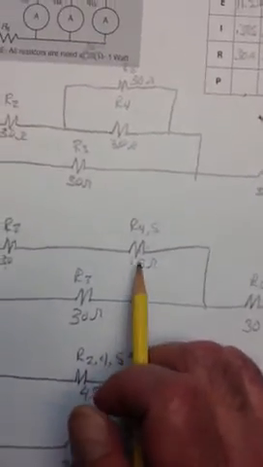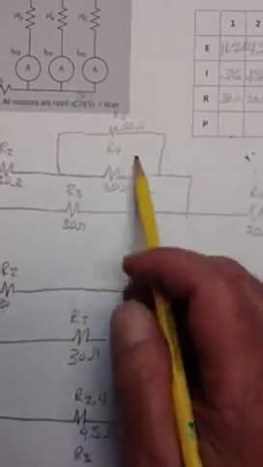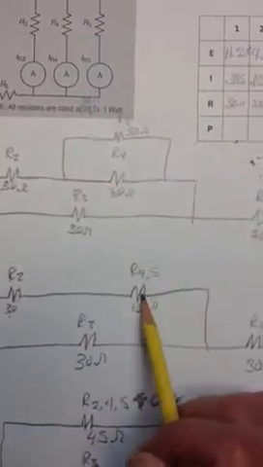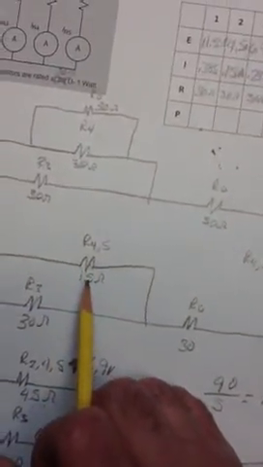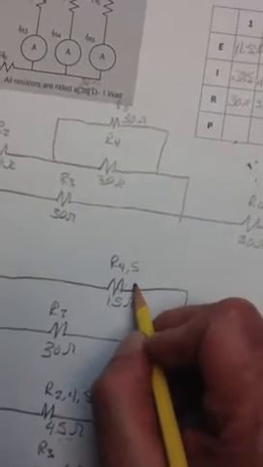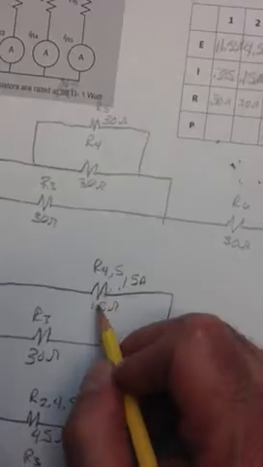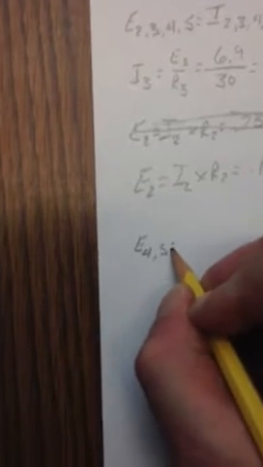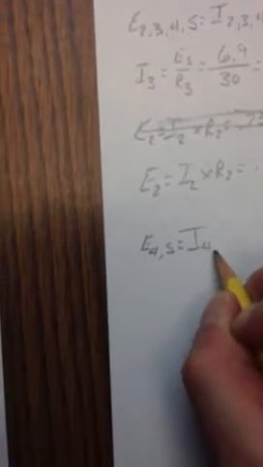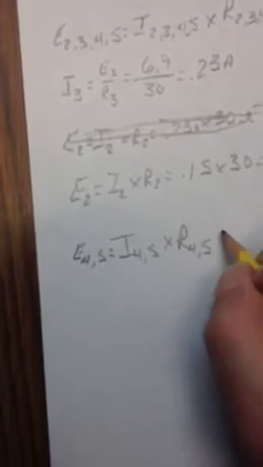And being that this represents parallel above, I'm going to have to figure out what the voltage is. So I'm going to have to figure out E45, because I already know I've got 0.15 amps. Okay, so E45 equals I45 times R45.